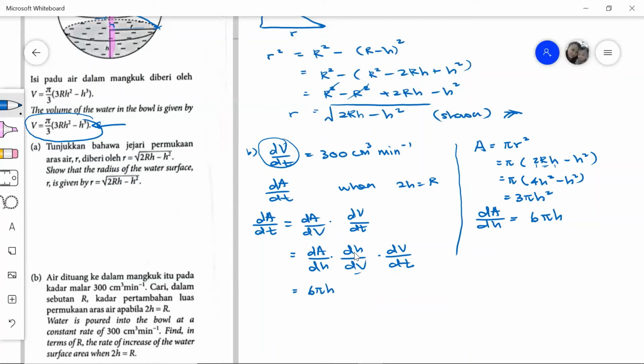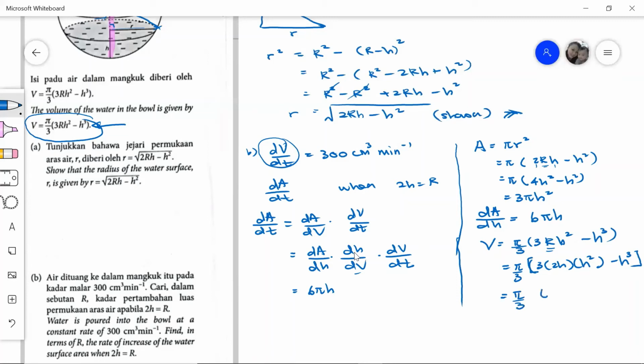So now we have to find V. Okay, V is given pi over 3 and then times 3r h squared minus h cubed. So we replace the r with 2h. So pi over 3 times 2h times with h squared and then minus h cubed. So we will have pi over 3.